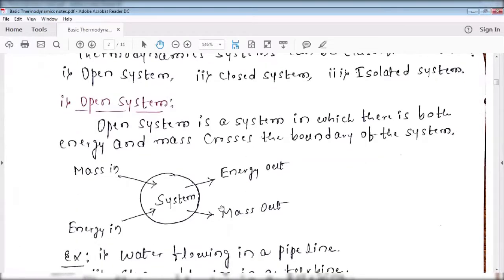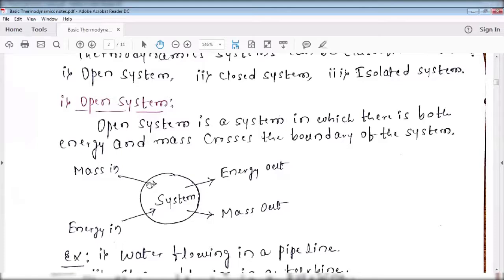You just go through the figure. This is a system. The system is covered by a system boundary envelope, that is called the system boundary. Whatever space is outside the system boundary is the surroundings, right? If it is an open system, that system boundary is open.